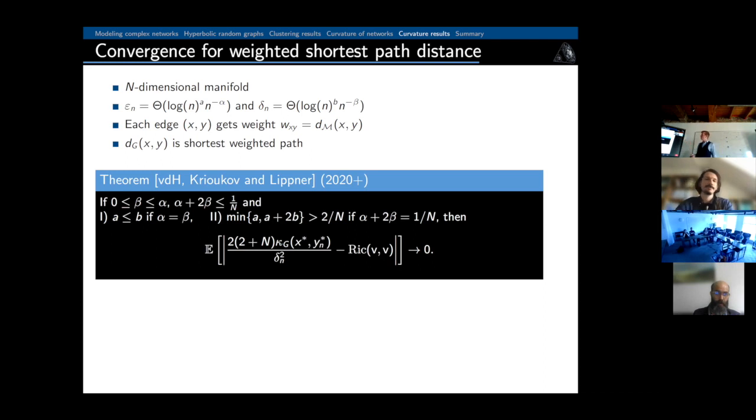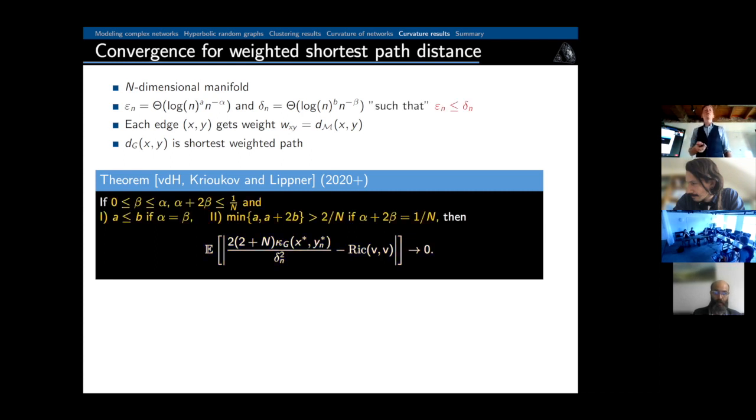You don't have to read all of this. We can classify all of the conditions on alphas and betas such that, if you properly renormalize the Ollivier curvature on the graph, it converges to the Ricci curvature. We can actually prove it converges in a quite strong sense: it converges in L1 norm. So it's quite strong convergence.